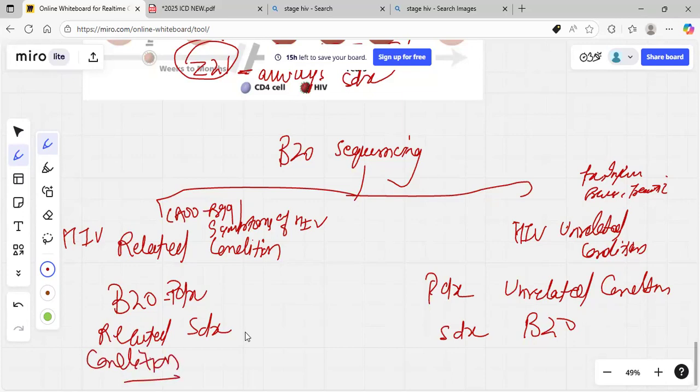And how will we determine whether it is related or unrelated? Related condition means any other condition from series A00 to B99, or any symptoms of HIV, or whenever the patient is coming to get treatment from the infectious disease provider.